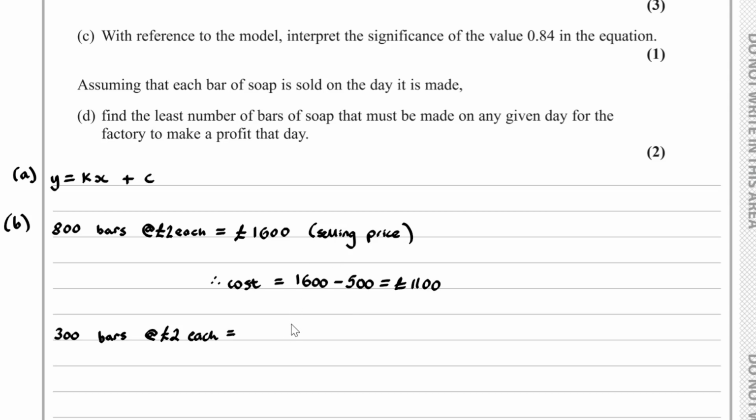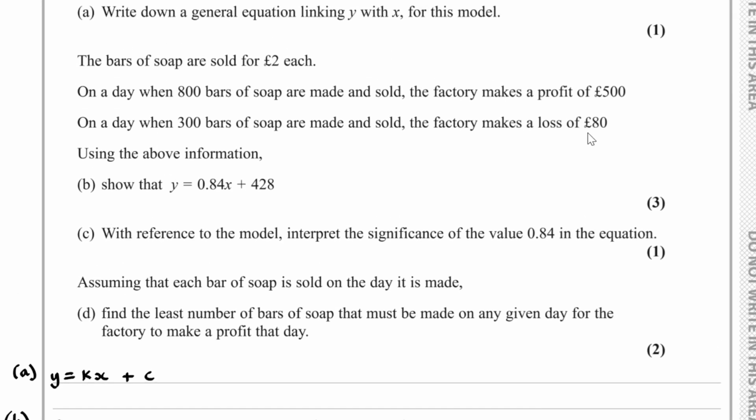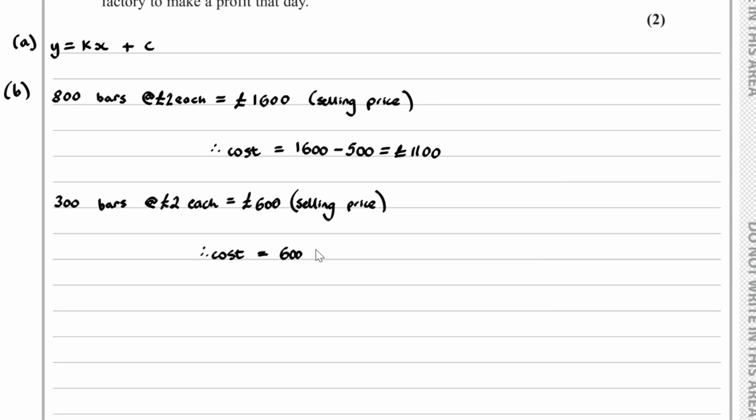That tells us over here we have £600 being the selling price. Okay, so we have £600 for the selling price, and therefore the cost over here, the cost that's equal to this selling price 600, and because we have a loss of £80 here, we would have to add on 80.